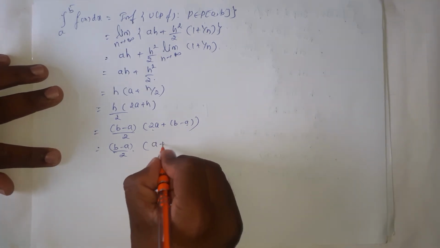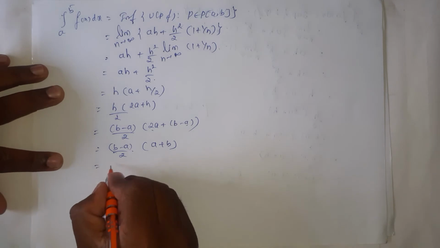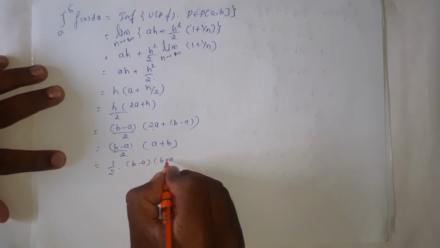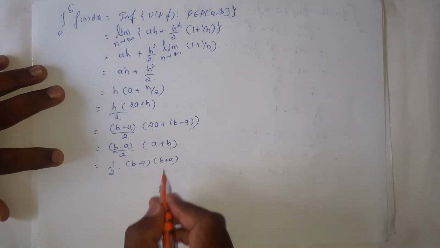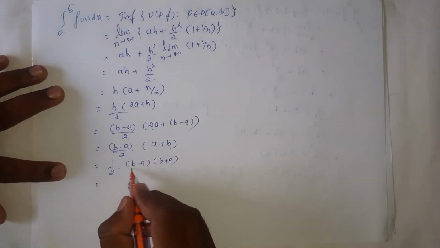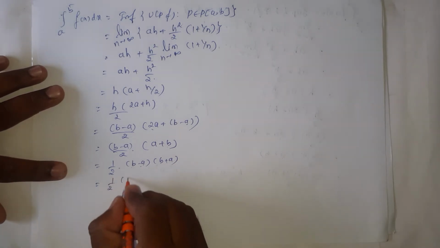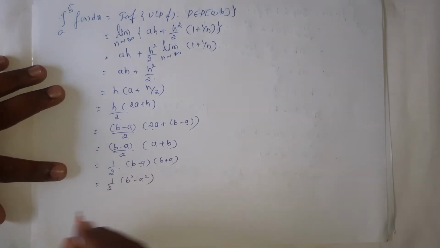So therefore a plus b, then it is 1 by 2 into (b minus a) into (b plus a). That a plus b can be written as b plus a. Now this (b minus a) into (b plus a) is b square minus a square. So therefore 1 by 2 (b square minus a square).